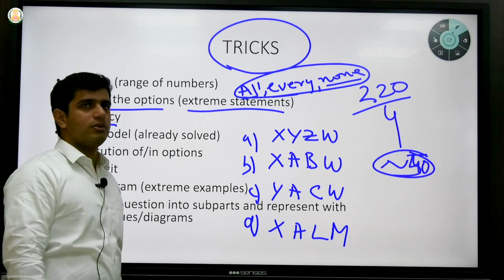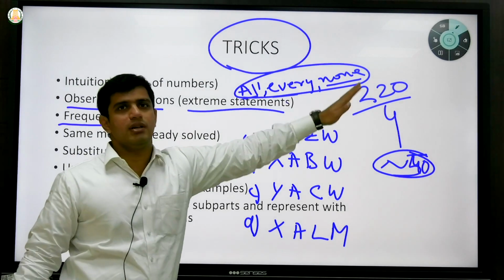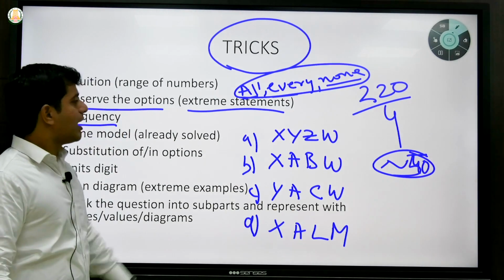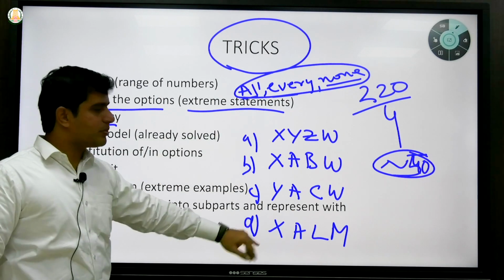So what will you do in such cases? Let's say there's some question and these are the answers they have given, but I don't know anything about the question. Just by seeing options, can I answer?